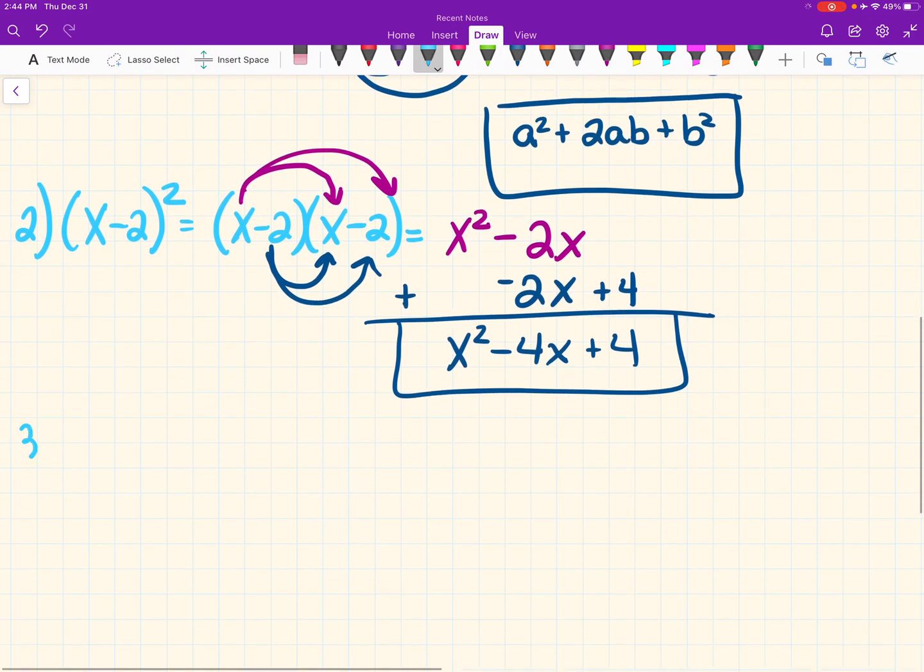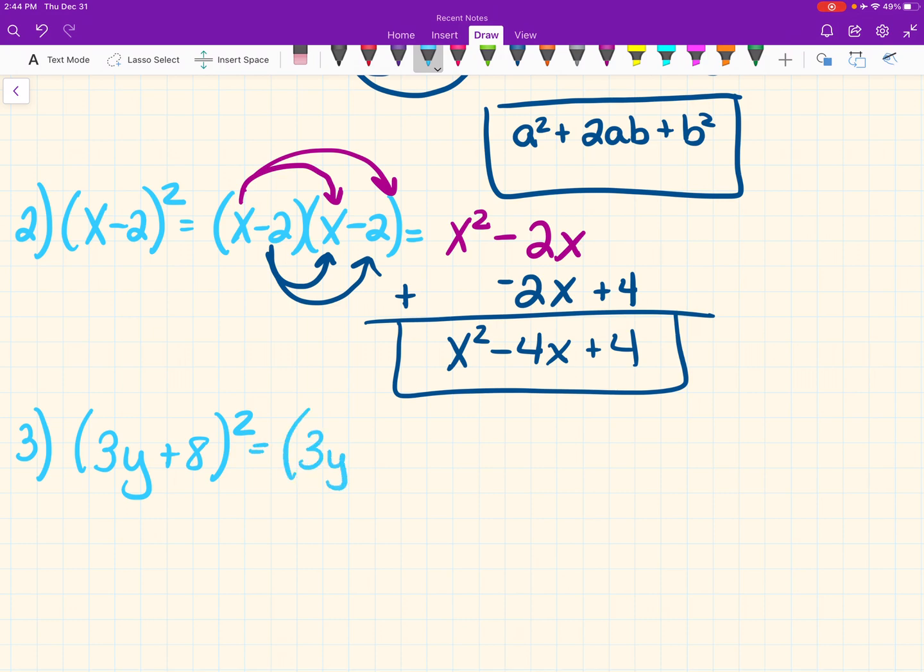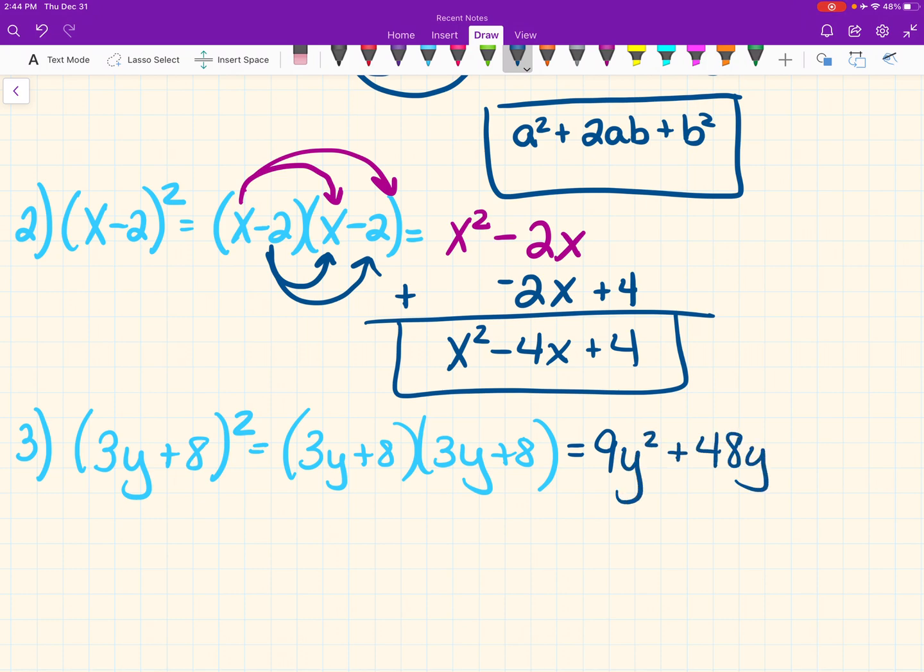Let's do number 3, the correct way. I want you to try it on your own and see if you get the right answer. Again, it's really 3y plus 8 times 3y plus 8. So either try the FOIL, distribute and stack and add, or do your box method, pause it, and see if you get the right answer. I will give you a hint. There is a pattern here.